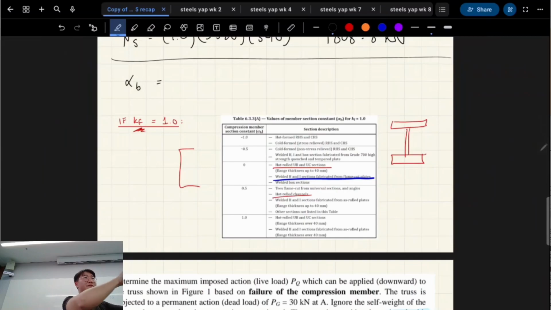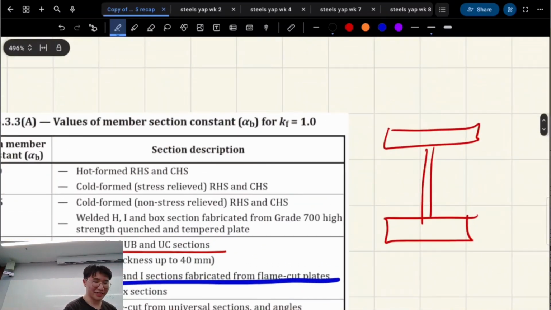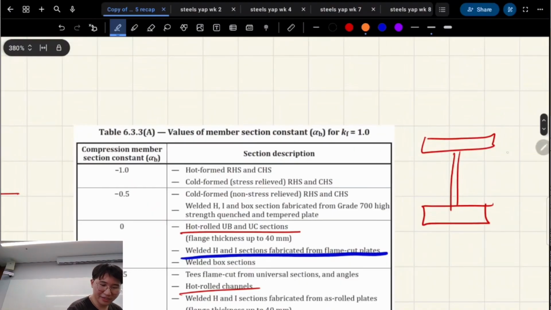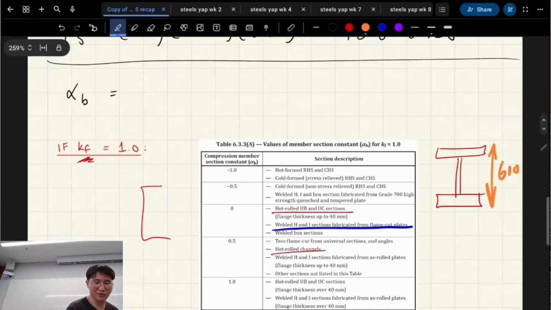Your assignment was made from welded plates. Actually, just think about why welded beams exist to begin with, right? The biggest UB you can find is 610, right? Obviously it would be a bit bigger, like 612, but just say 610. That's 610 millimeters. That's the biggest beam that comes in a standardized size. What happens if you have a huge building or huge bridge that you need to build?